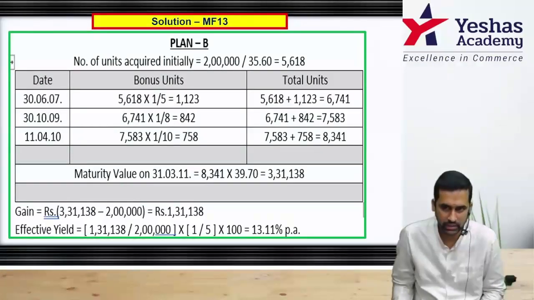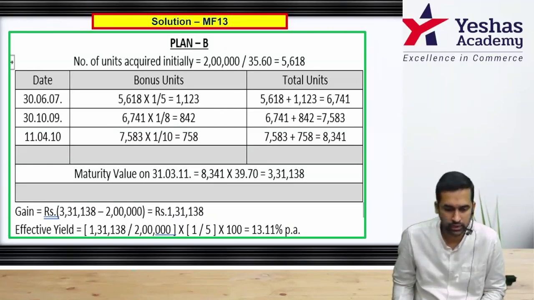That becomes base for next bonus, and that is on 30th 10. Date is very important in all these calculations. 6741 into 1 by 8, and that's 842.